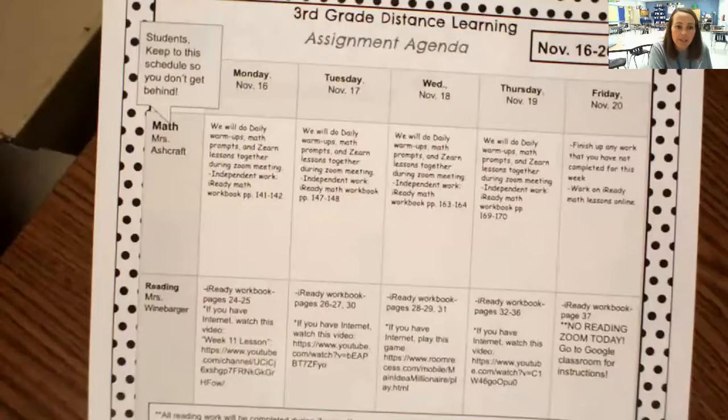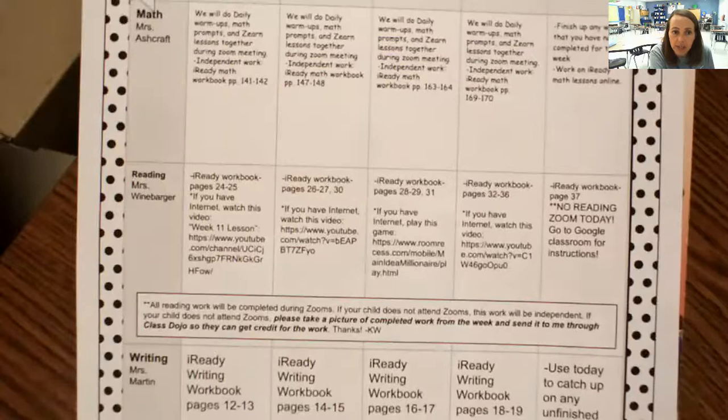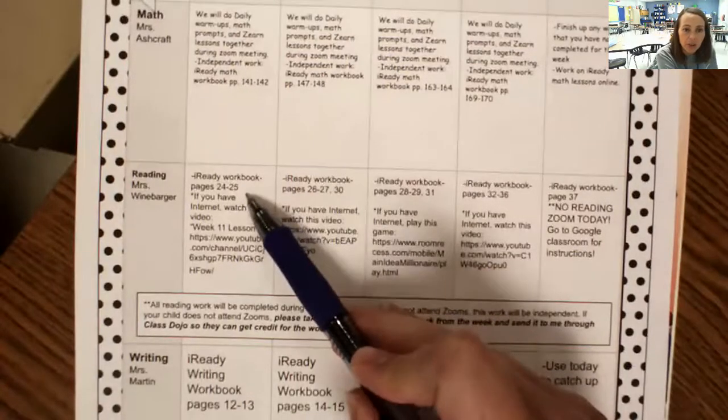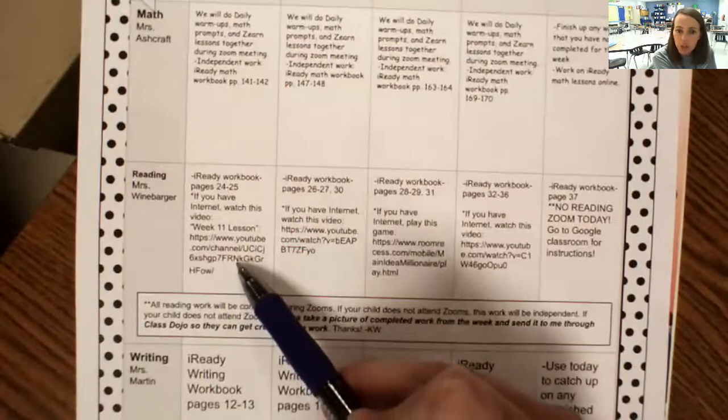This is going to be shared, and it probably already has been shared by the time you're watching this, on Class Dojo with your parents. So you can hopefully have this to help you keep track of all of your assignments for the week for reading class, okay? So for Monday, it says you're going to work in your iReady workbook, pages 24 to 25, and you're going to watch this lesson that you're watching right now.